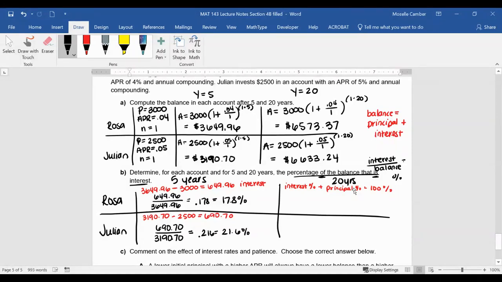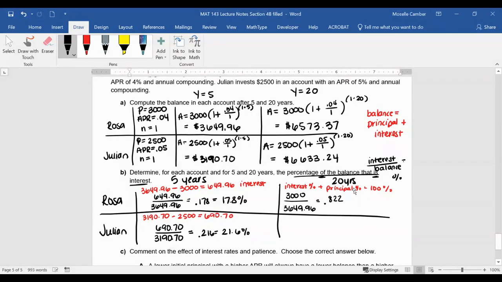So for Rosa, she put in $3,000 out of a total of $3,649.96.